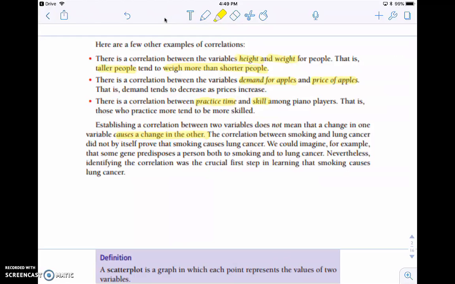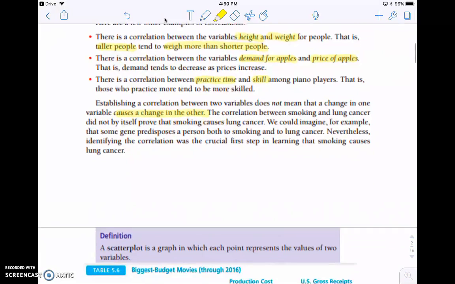But with lung cancer, we can imagine there could be some gene that predisposes a person to both smoking and to lung cancer, or to just lung cancer. Nevertheless, identifying the correlation is a crucial first step in learning that, like in this case, smoking causes lung cancer. So if you're trying to find causation, looking for correlations first is a very necessary part of that research.